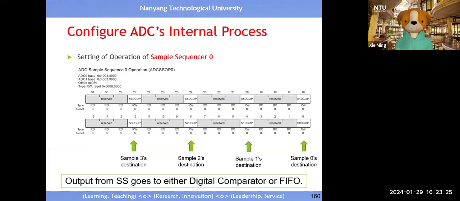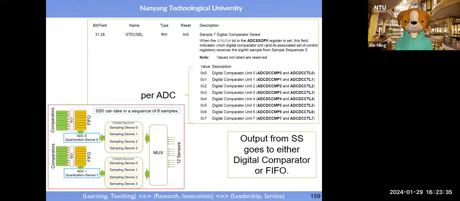Because you have a sampling device, whether the output of a sampling device after digitization will go to the comparator. You remember, going to the comparator means you must set the upper limit and lower limit, your trigger alarm. If you do not do this monitoring, then it goes where? Go to P4.